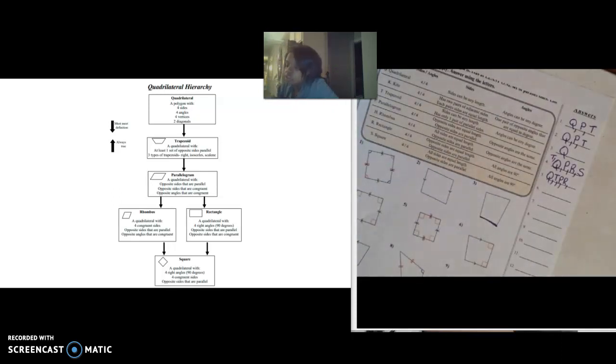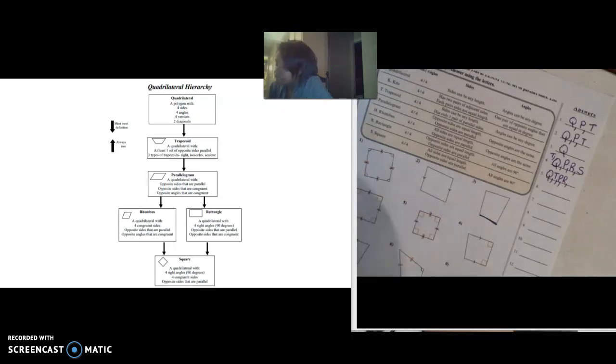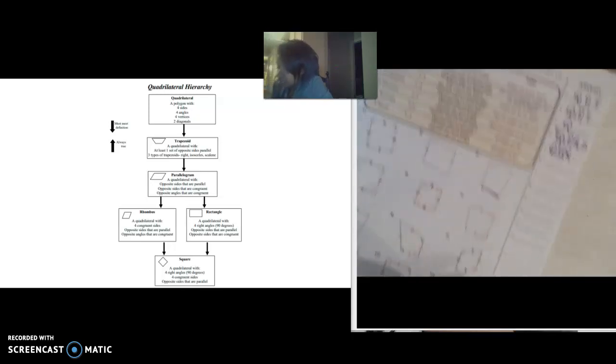So it is a quadrilateral because it has 4 sides. It is a trapezoid because it has at least 1 set of parallel sides. It is a parallelogram because it has 2 sets of parallel sides. And it is a rectangle because it has 4 right angles. All right, let's look at number 6.